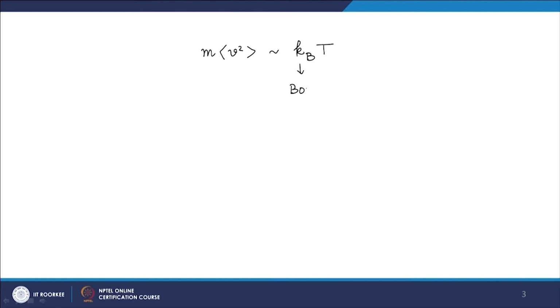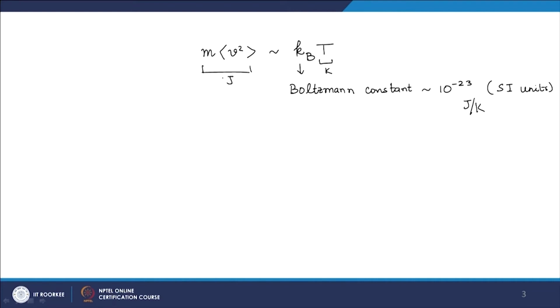and the Boltzmann constant is of the order of 10 to the power minus 23 in SI units. Actually, it is joule per Kelvin, because this has a unit of energy and this is in Kelvin.